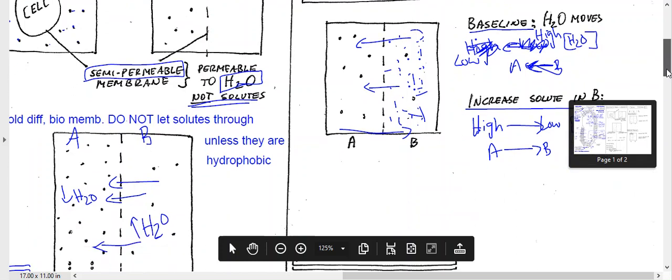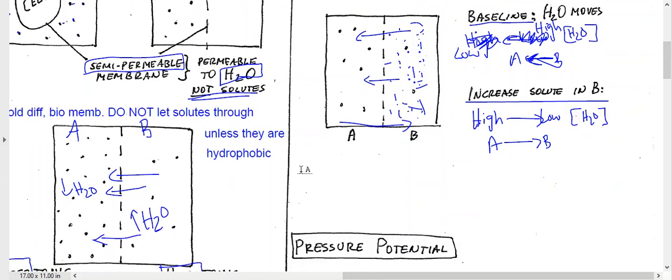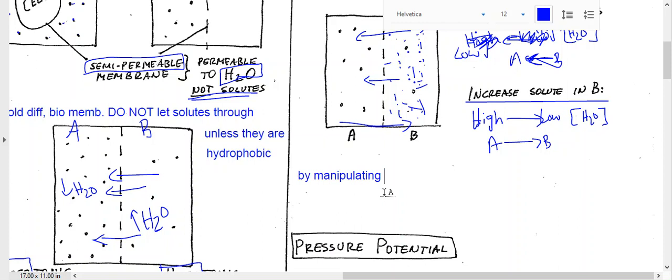So what we can do, and this is the whole point, is we can move water by changing the solute concentration. So by manipulating solute concentration, organisms can change water movement.